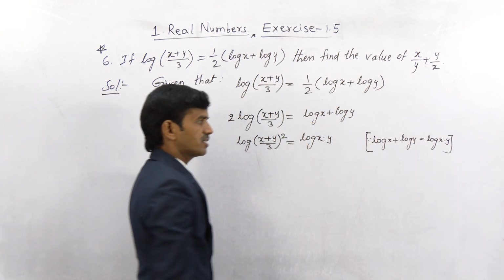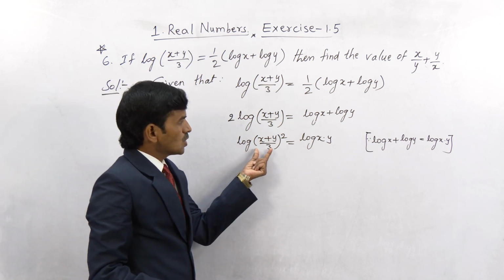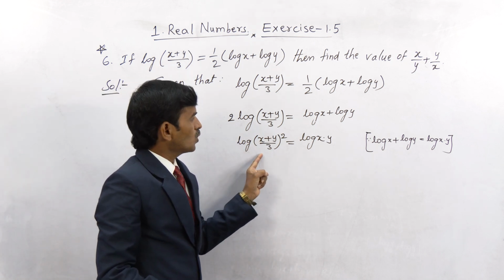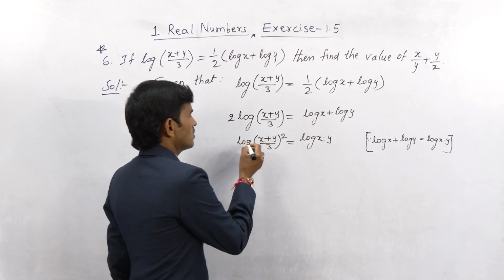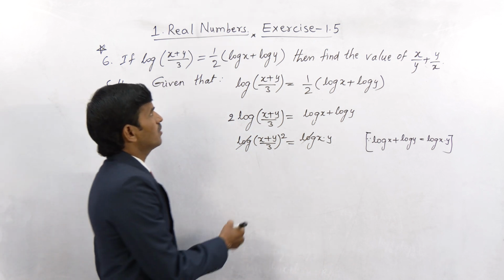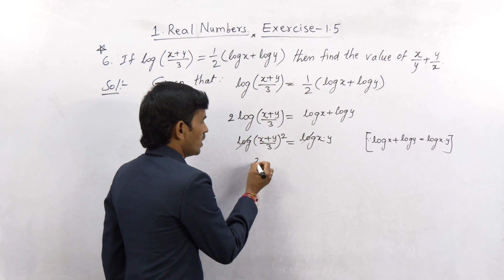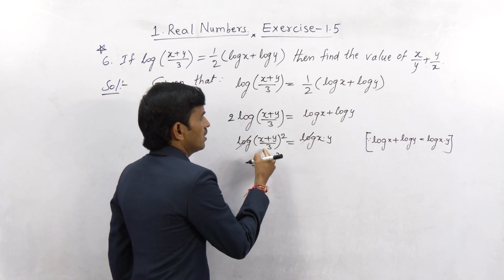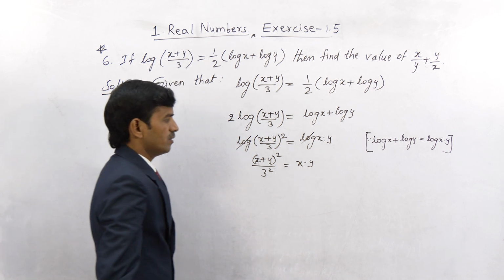This is the reason. So now we have the square. Before the square, we can cancel the logarithms. So what does it become here? Log and log get cancelled. So what can we write here? (x plus y) whole square by 3 square is equal to x into y.